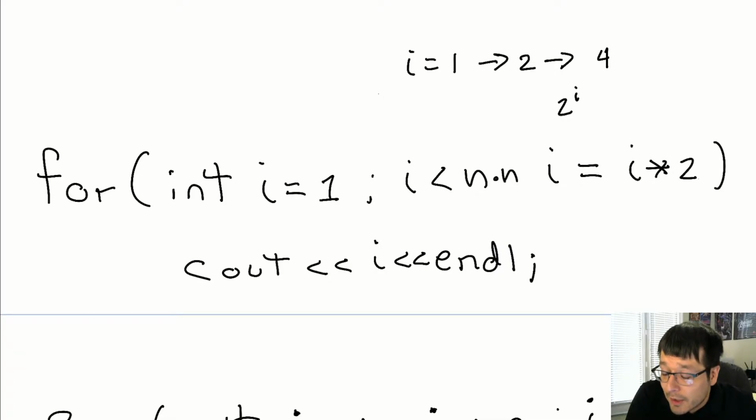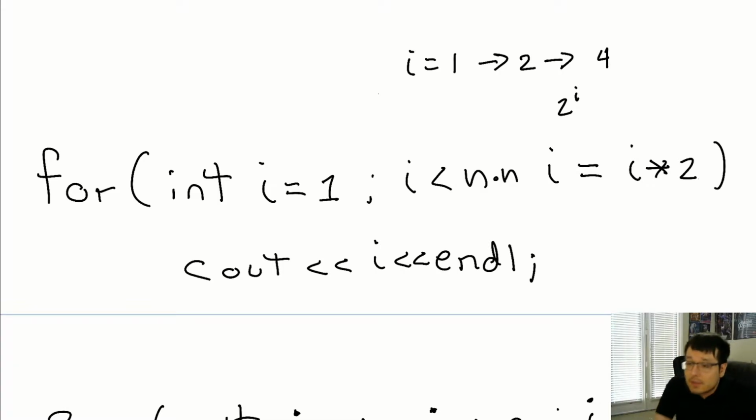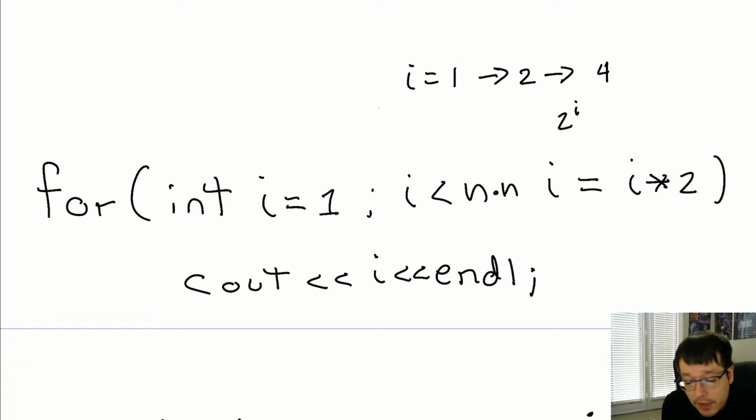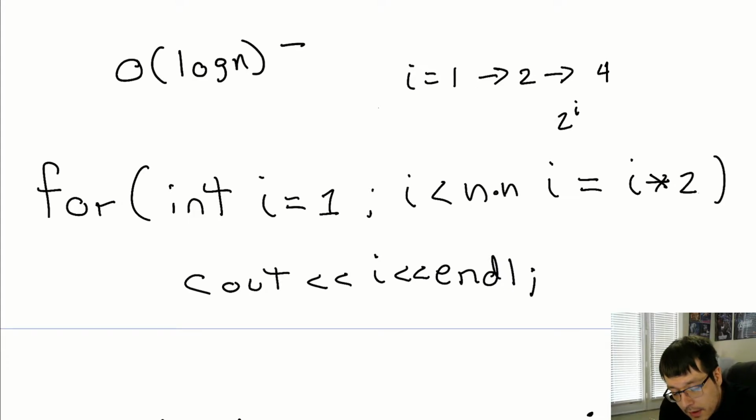And this one's tricky, by the way. I don't expect you to immediately guess this. So someone's saying O of square root of n. It's close. I was going to talk about that a little bit later, but it does turn out that when you look at a time complexity of O of log n, it is equal to O of square root of n.